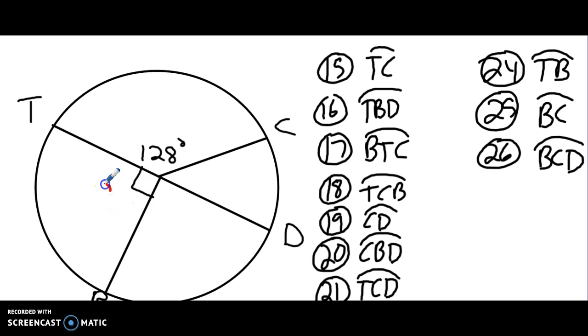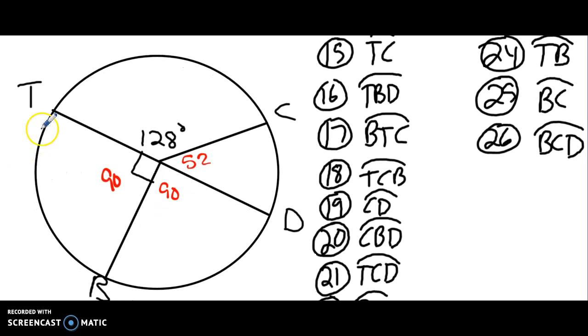Again, I know this means 90. This is a straight line, so that's 180 degrees. If I subtract 128 from 180, I get 52. This is 90, then this is 90. So let's look at some measurements. Arc T to C is 128.